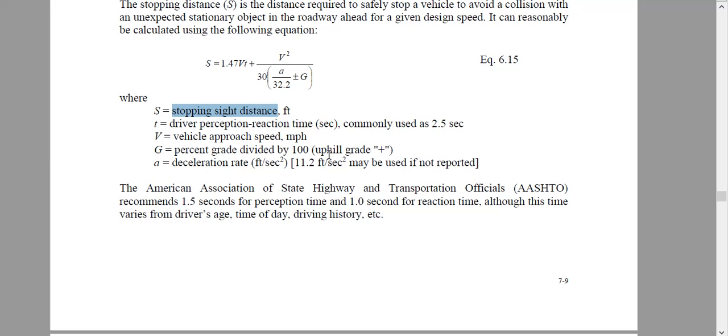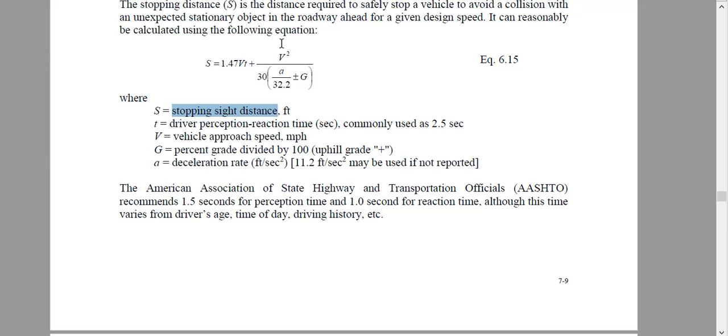Make sure you understood this equation properly. Even in the FE exam, there is a guarantee that you will get a question based on this. So V is miles per hour, T is seconds, and 1.47 converts miles per hour to feet per second, and this unit will be feet.